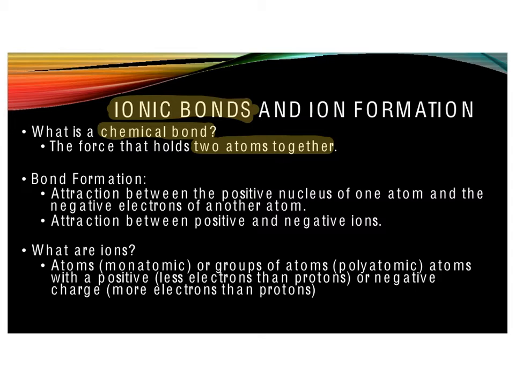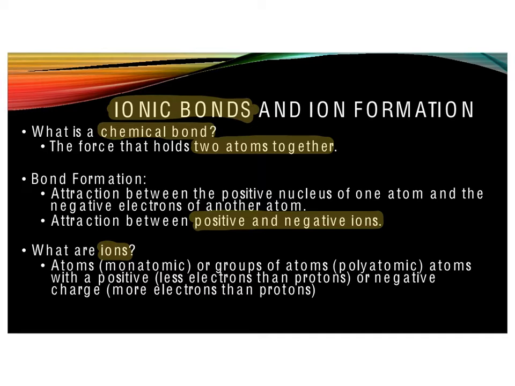Any bond is the attraction between the nucleus of one atom and the negative electrons of another. And for ionic bonds, we are looking at that attraction between positive and negative ions.